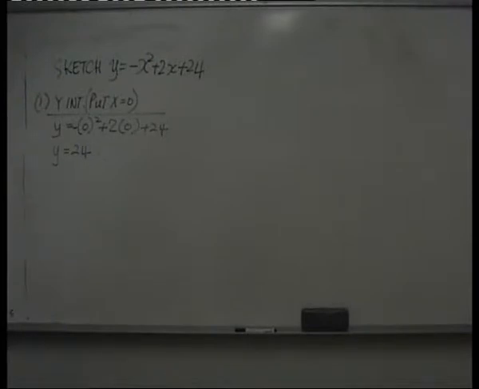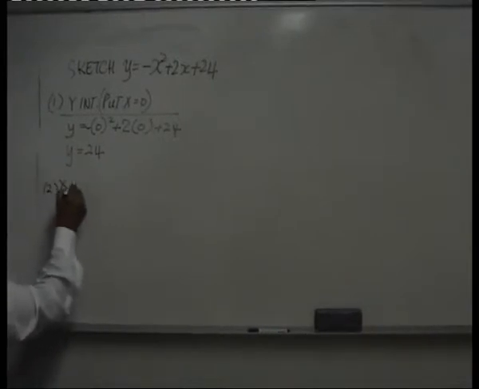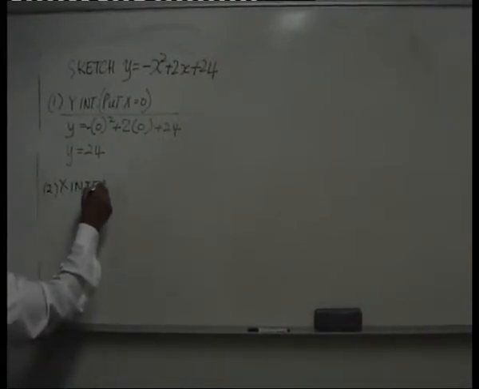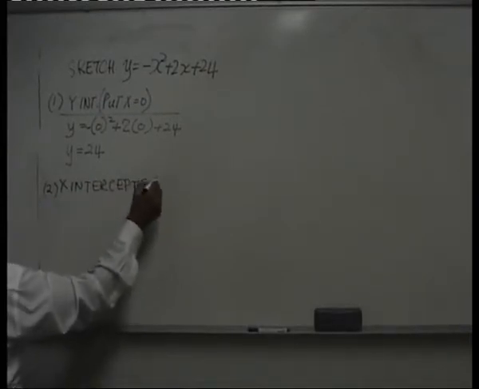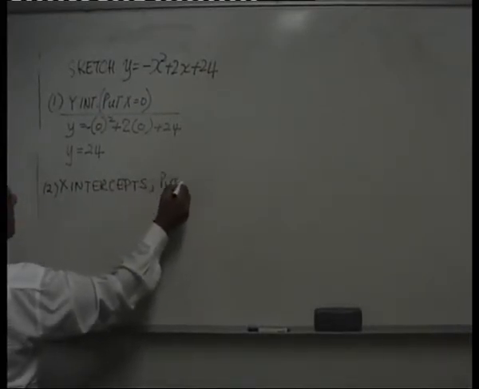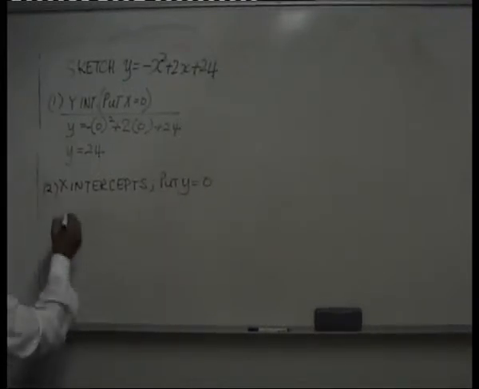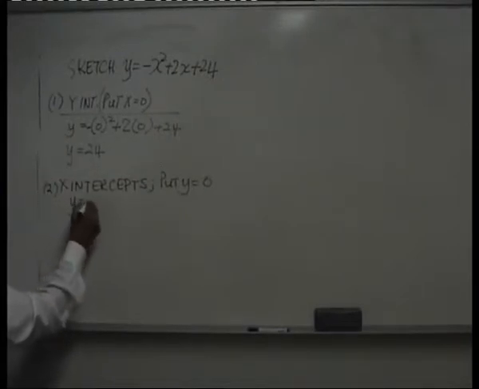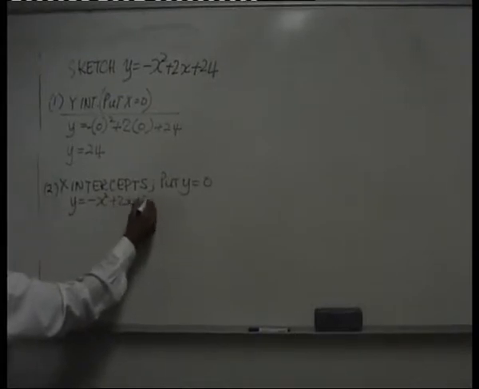Next, you want to find your x-intercepts. For x-intercepts, you put y equal to 0. So you can write the equation, y is equal to minus x squared plus 2x plus 24.